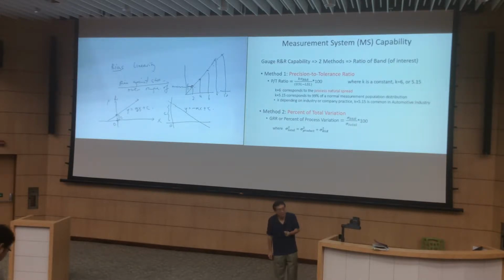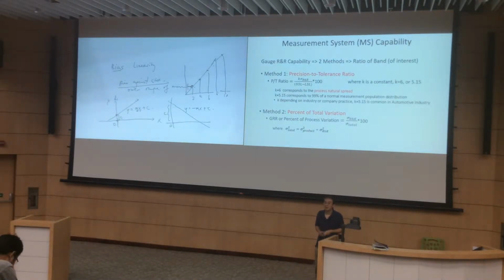So for the equipment, we have two scenarios. One is that we are concerned about the product spec. Product specs are specifications given by the designer, management, customer, or process designer, whoever it is. So it's normally much bigger than the natural spread.